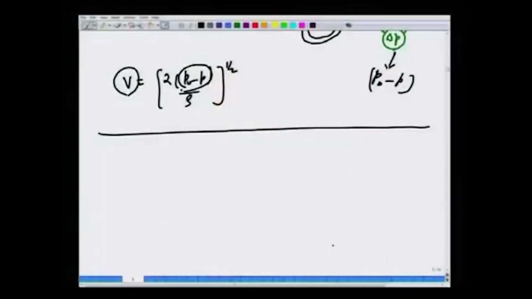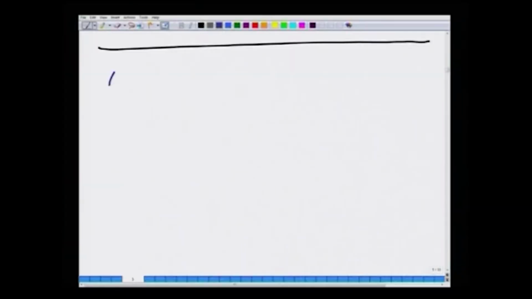So, this I will try to show you in the context of two problems. First, let us imagine applying integral balances.